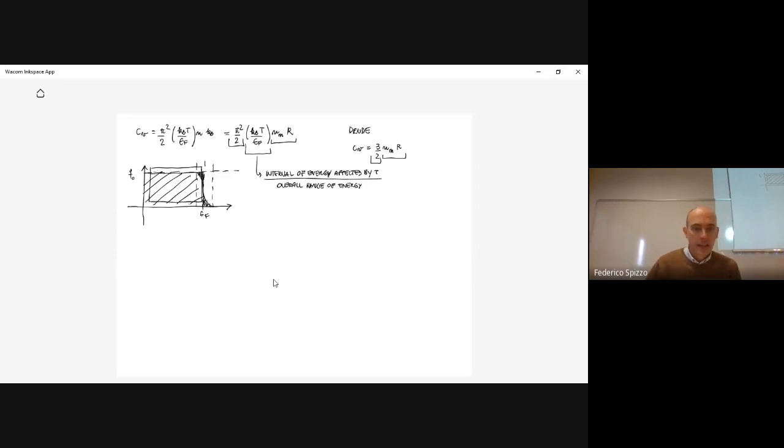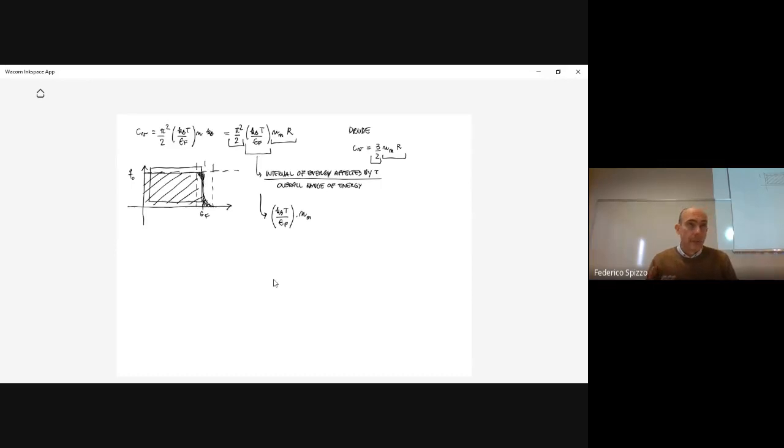So from the point of view of the electrons, the number of electrons that is actually useful for CV is just the number of electrons that we have close to EF. And that number of electrons is kBT divided by EF times NM.